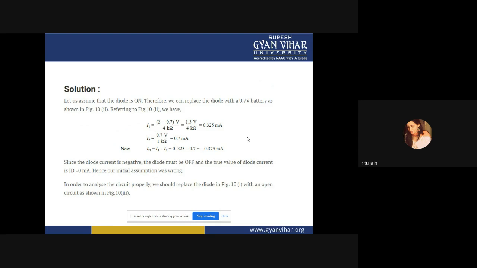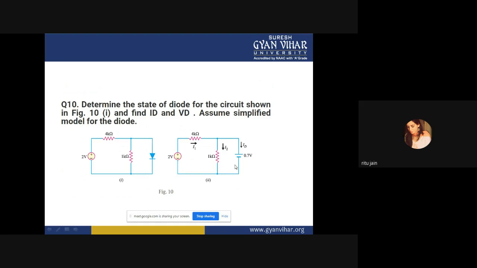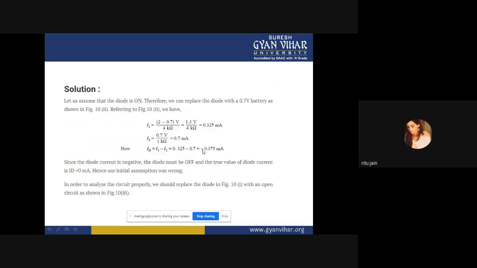So you can see that the value of I1 is equal to (2 minus 0.7) volt upon 4 kilo ohm, which means you have applied KVL in this loop. So you calculate (2 minus 0.7) divided by 4 and you get I1. The value of I1 is 0.325 milliampere.